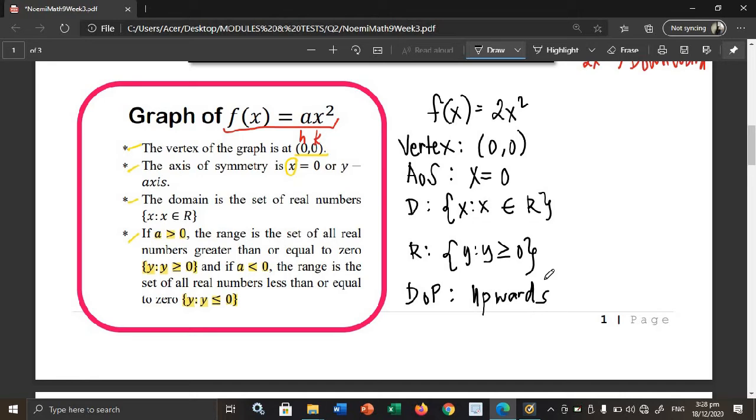So, yun yung mga characteristics ng graph. Before mo sila i-graph, you should know the values of these terms here: the vertex, the axis of symmetry, the domain, the range, and the direction of the parabola before we move on to graphing or sketching the graph, okay?